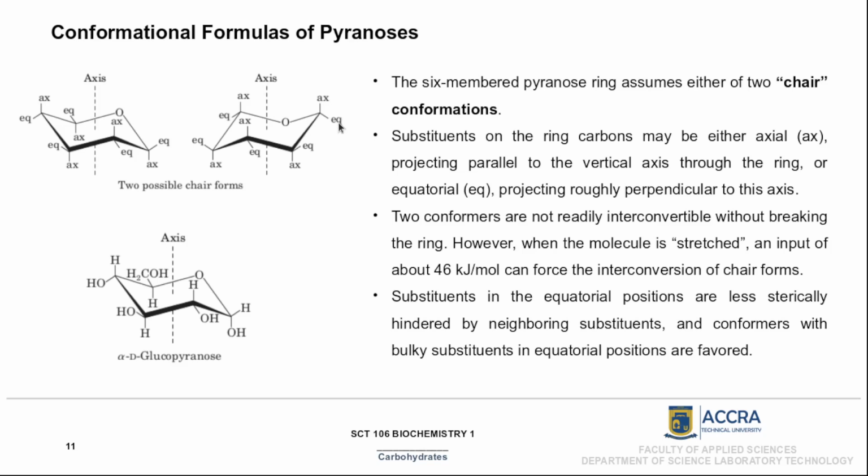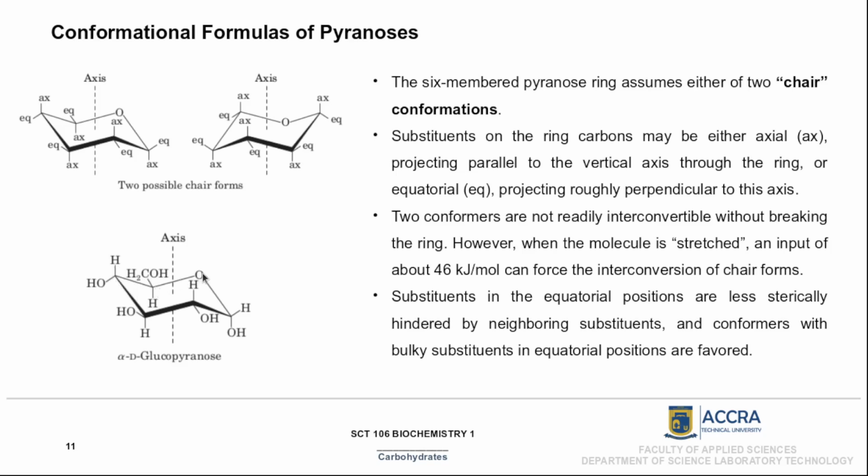Now, bulky groups on these carbons will prefer to be in the equatorial positions because there is less steric hindrance in these positions. Steric hindrance simply means the interaction with groups on other carbon atoms. There is this interference which occurs between groups on these carbon atoms, and in equatorial positions, this steric hindrance is less than when the groups are in the axial positions.